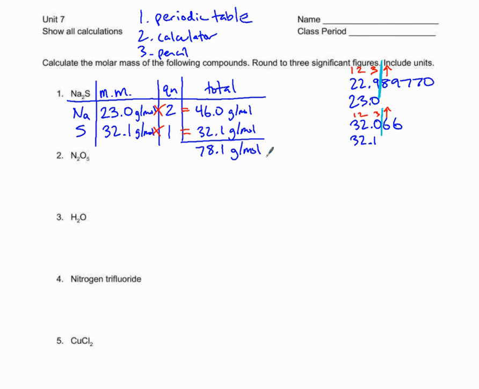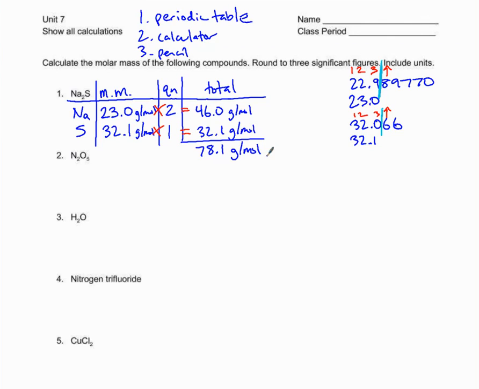I have a few people who are putting in 78.0. That's improper rounding somewhere. And so you just need to be careful how you round it. You won't get full credit if you're rounding incorrectly. And if the significant figures are off, Prism might catch it, and you'll also get 50% off.